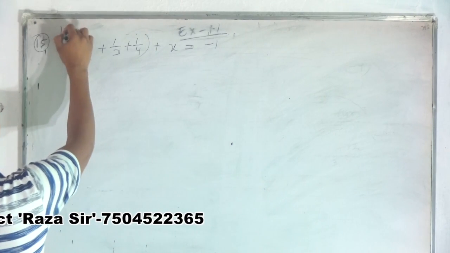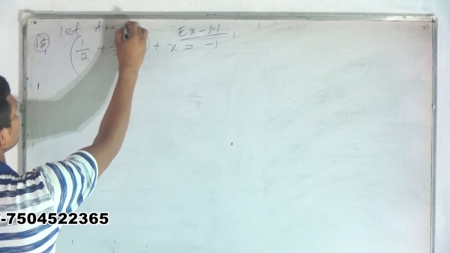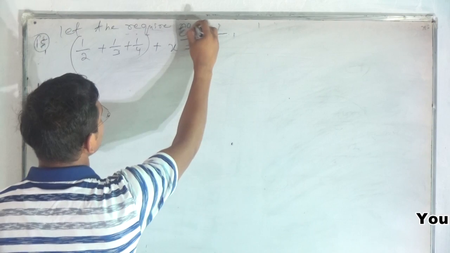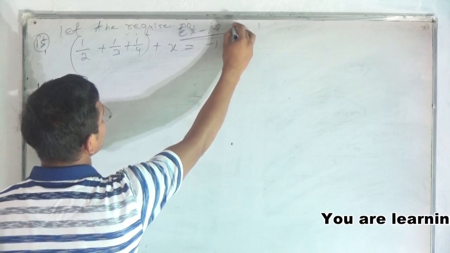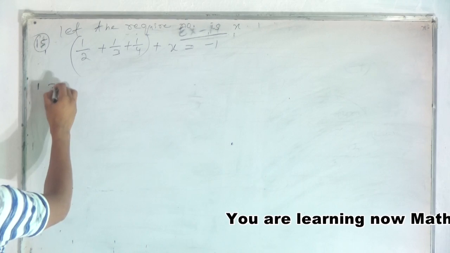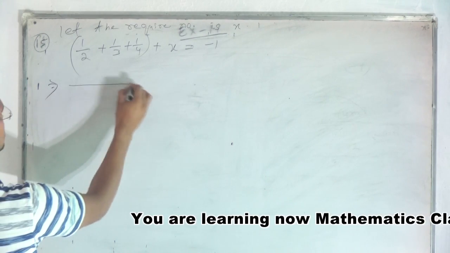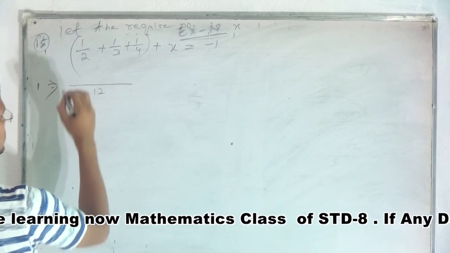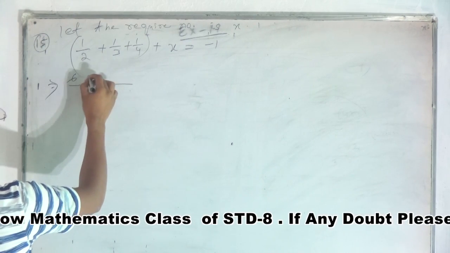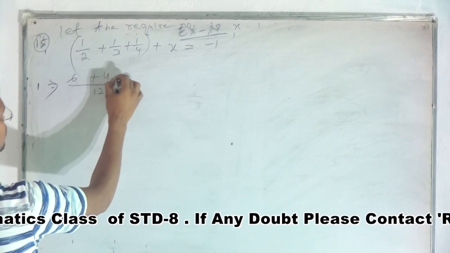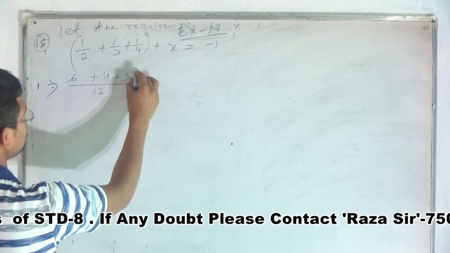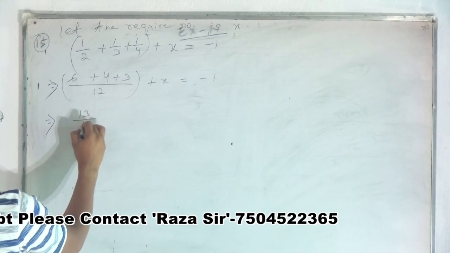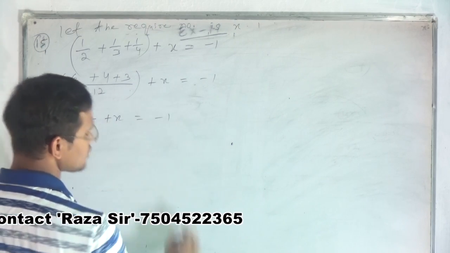You write, let the required number be x. You simplify it: 2, 3, 4, LCM is 12, then 6, 4, 3, plus x equal to minus 1. 13 divided by 12 plus x equal to minus 1.